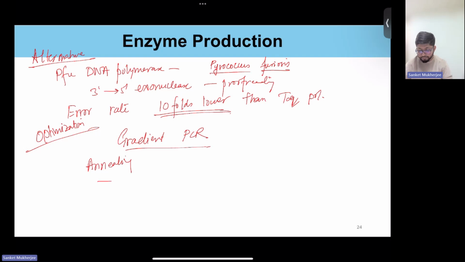So let's say this is the initial denaturation, then we get the denaturation, then we have, let's say, a gradient from 52 degrees to, let's say, 62 degrees. There are multiple wells, or rows, which will have different temperatures. Then we will go for the extension, and then the final extension, and then the infinite hold.